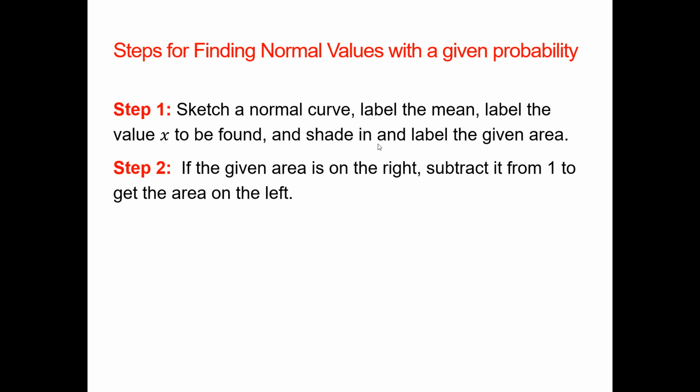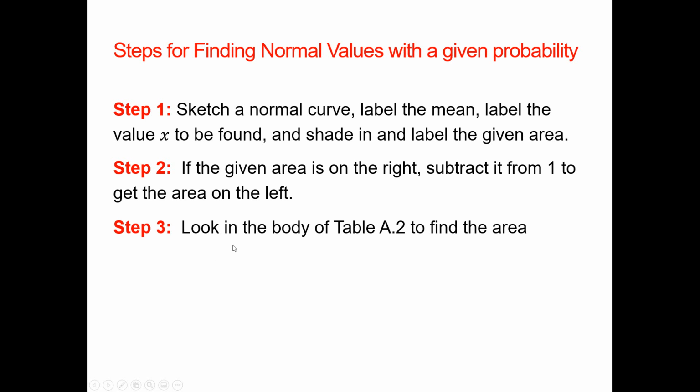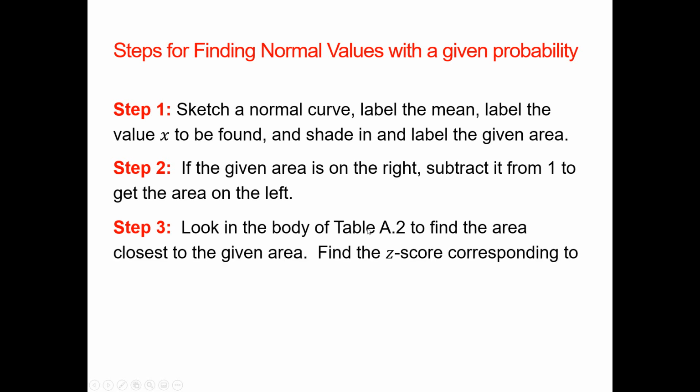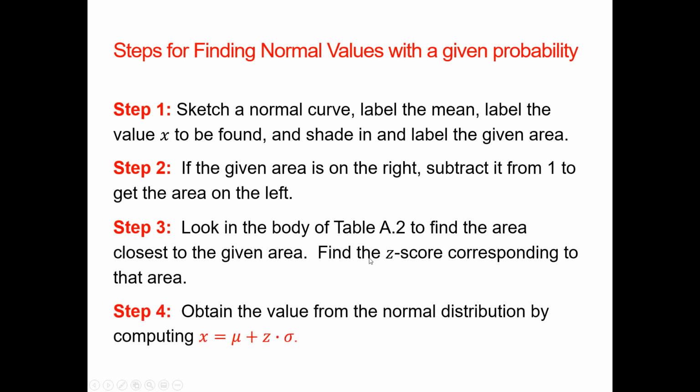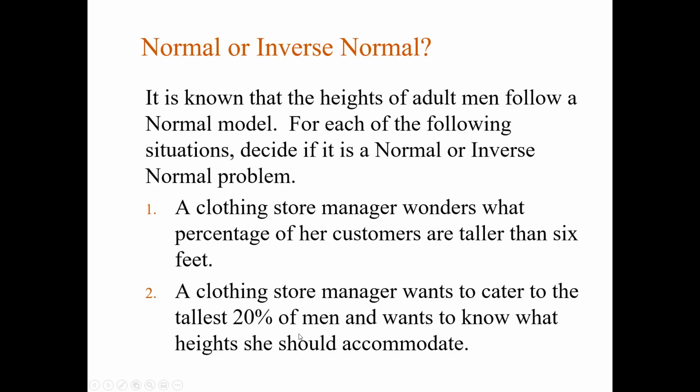If the given area is on the right, you subtract it from 1 to get the area on the left, and then look for it in the body of table A.2 to find the area closest to the given area, and then find the z-score corresponding to that area. And then remember we solve for x and have this formula, x equals mu plus z times sigma.